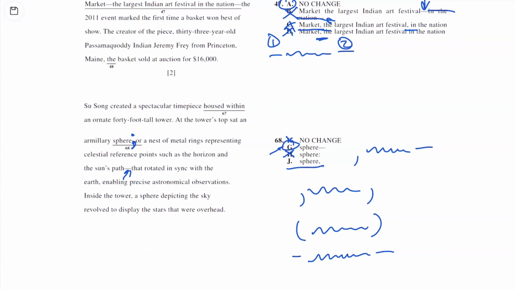And that would be incorrect because no change is incorrect. So J and F are essentially the same thing. So you could have crossed that off right to begin with because you can only have one correct answer. And sphere, comma, I guess they're taking out the or here. Sphere, comma would not work because you would be mixing up this M dash with that M dash. So G is the best answer. Remember these little tricks when it comes to M dashes on the exam.